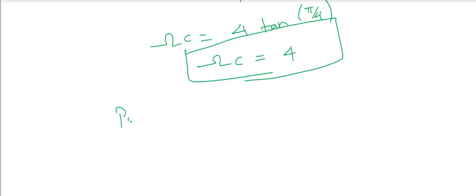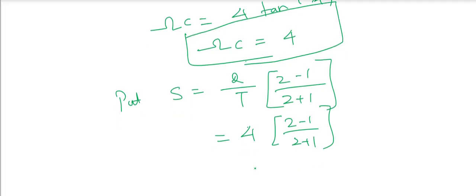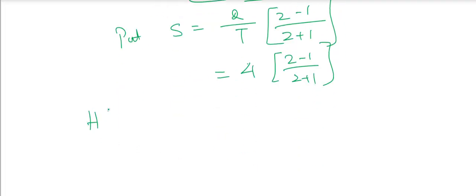Then put s is equal to 2 by T into z minus 1 by z plus 1. T is equal to 1 by 2, so s is 4 z minus 1 by z plus 1. Now the next step is to determine H of z by substitution.